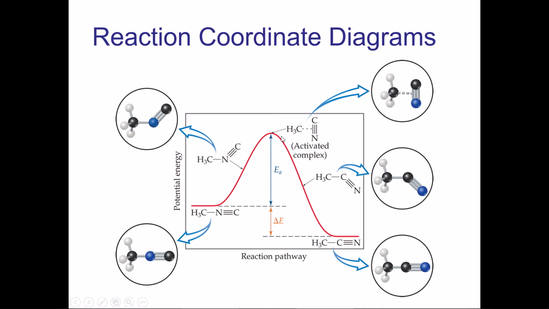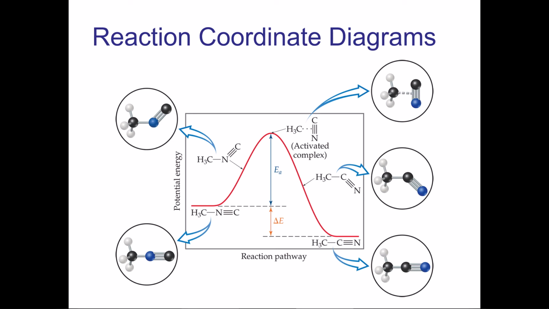But as we go down the hill on the other side, energy is being released as we form the new carbon-carbon bond, and we start to reform the correct structure for the bond so that our product will again be linear by the time it gets down to the correct orientation.